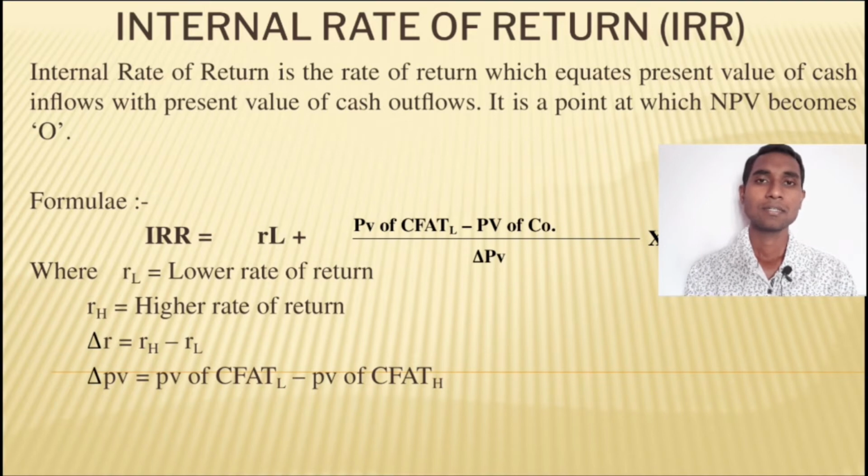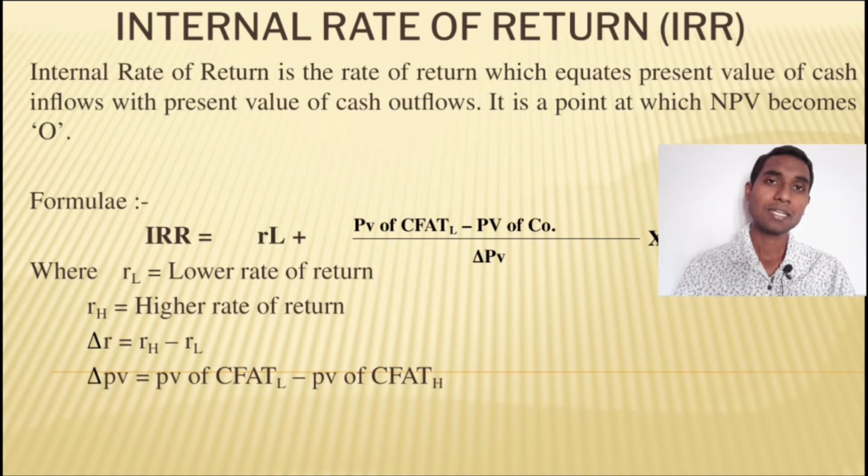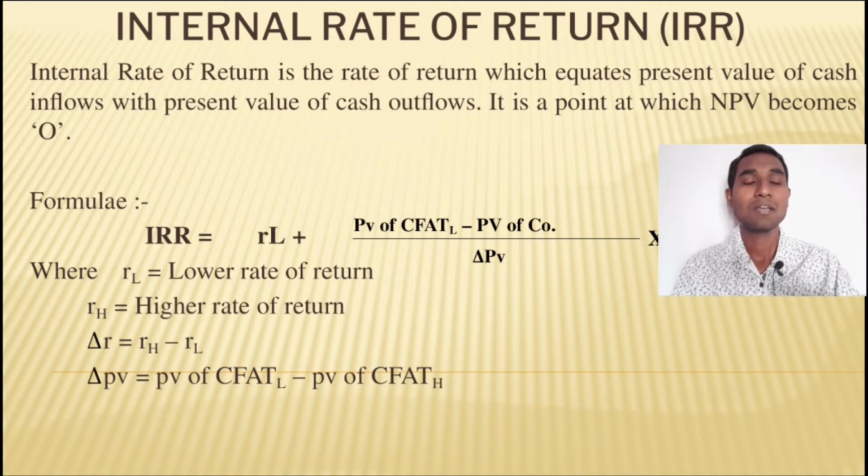Friends, in the last few sessions when we were discussing the net present value method and profitability index method, we were calculating the present value of cash inflows and the present value of cash outflows. IRR is the rate of return which equates both of these cash flows, that is, the present value of cash inflows and the present value of cash outflows.